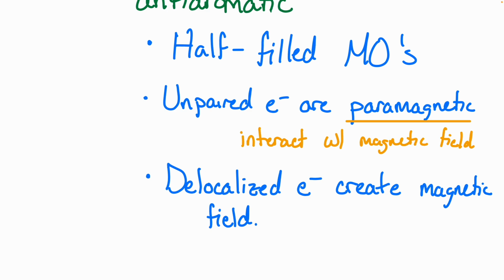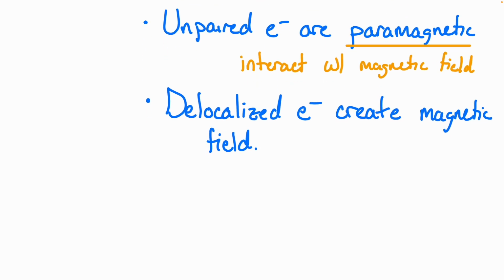So you have this molecule where these electrons are moving around and creating this magnetic field, but because those electrons are unpaired, they're interacting with that magnetic field in a way that raises those electrons' energy. So it's the interaction between our paramagnetic electrons and this magnetic field that gets created by that anti-aromatic compound. That is what leads to our increase in energy here.